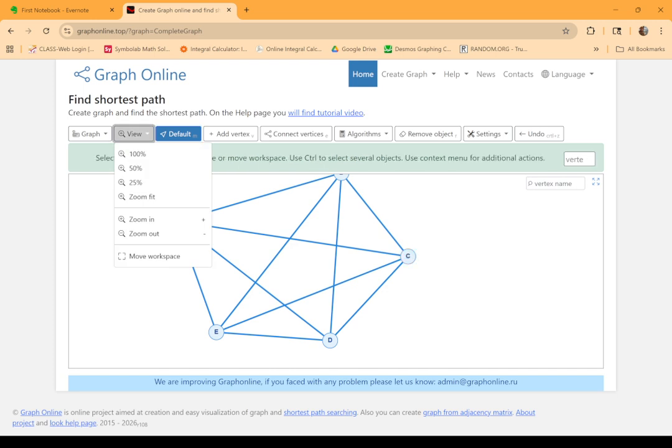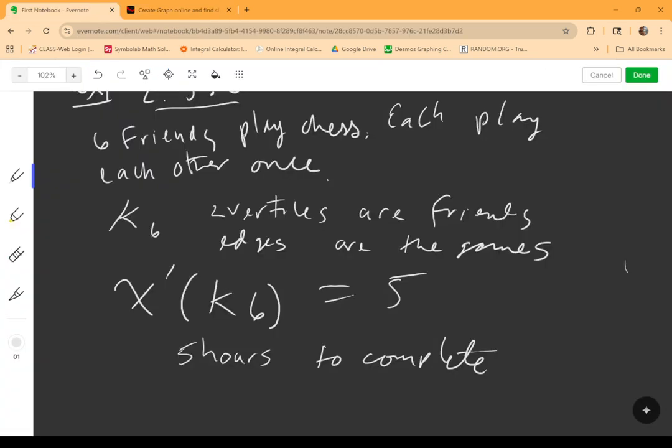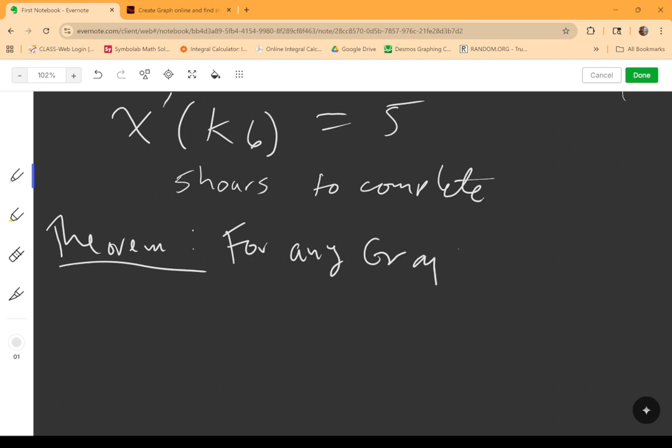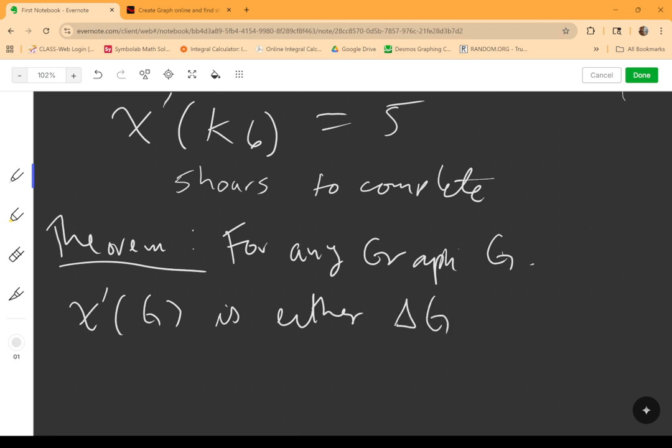All right. Now, as it turns out, there is a theorem from our book, a very straightforward theorem, where it says for any graph G, the chromatic index chi prime of G is either delta G or delta G plus 1.